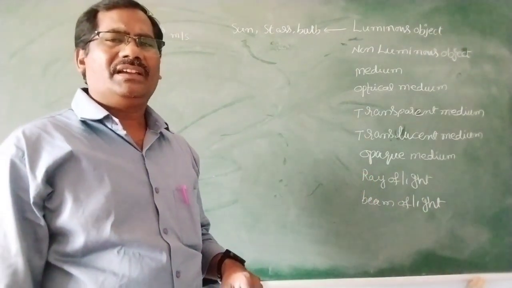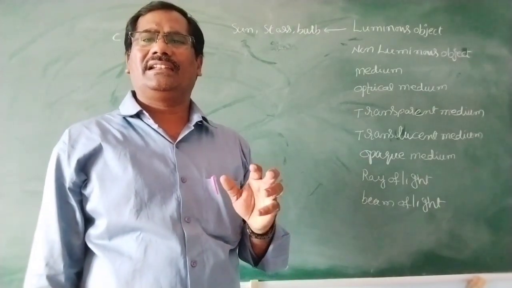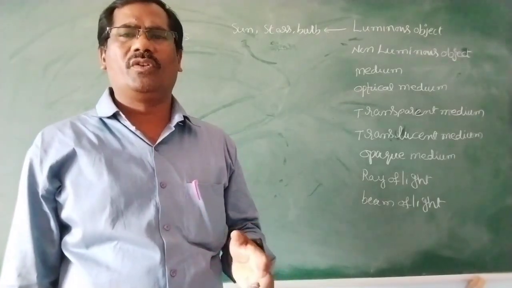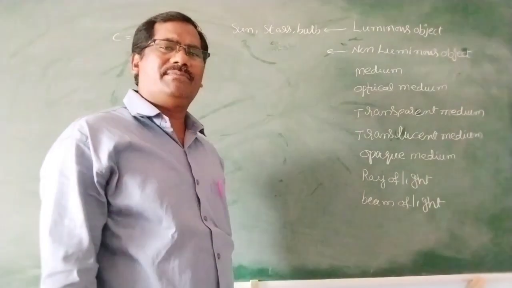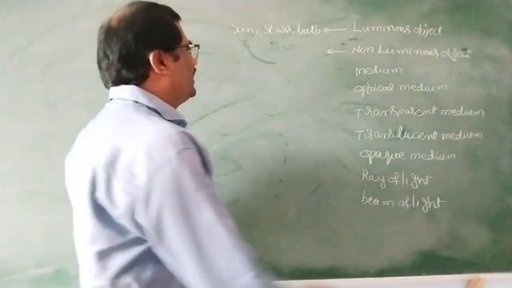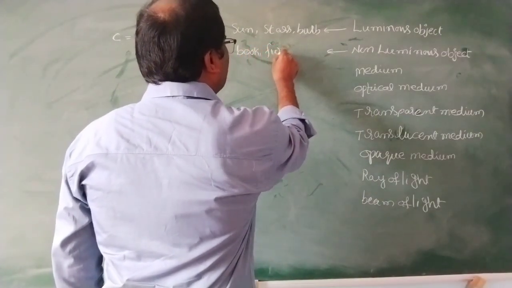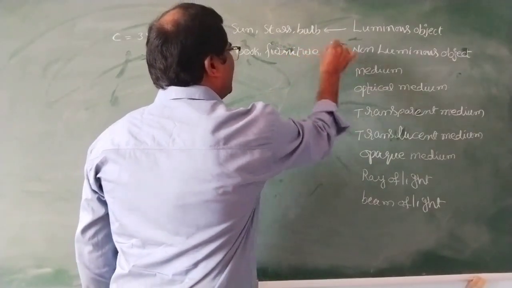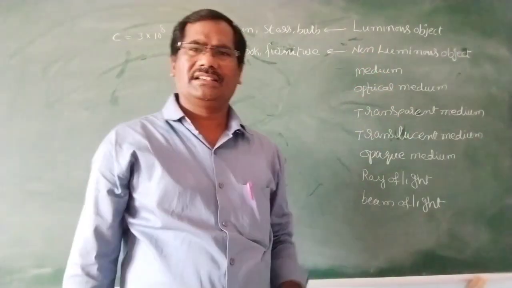Non-luminous means bodies that do not give out light by themselves, on their own. Examples of non-luminous objects are a book, furniture, and human bodies.